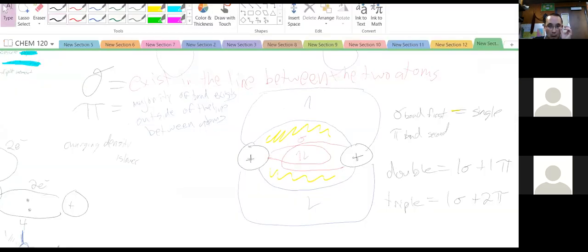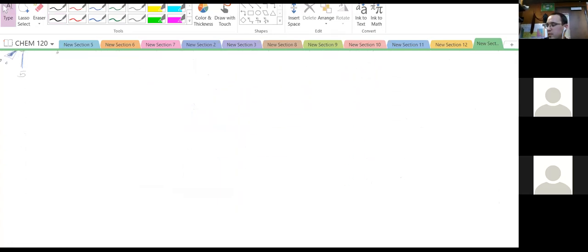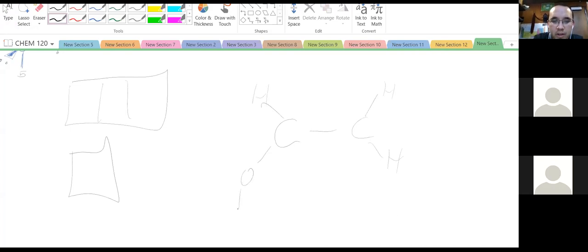Could I ask a quick question? Mm-hmm. Why do we observe it when we rotate around the sigma bond, rather than, because we could also rotate the whole molecule, right? Then everything would be able to rotate. This happens more when you have different things going on one side compared to the other.